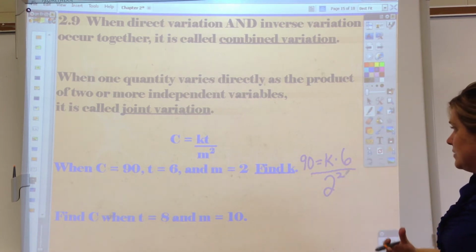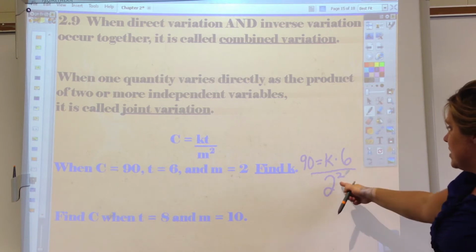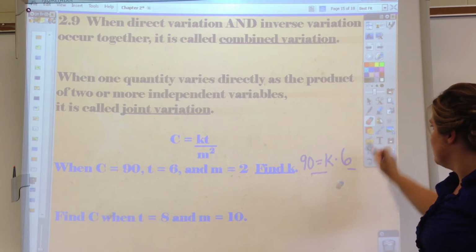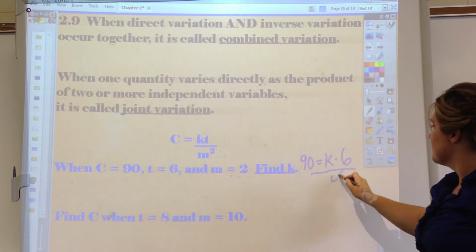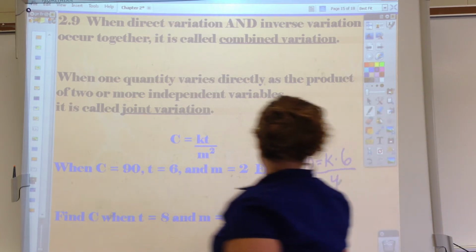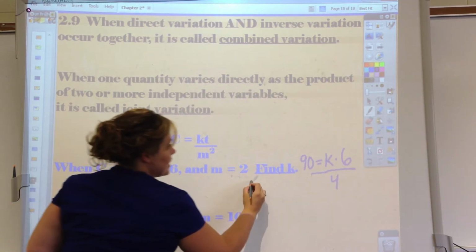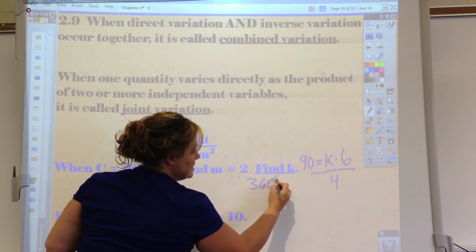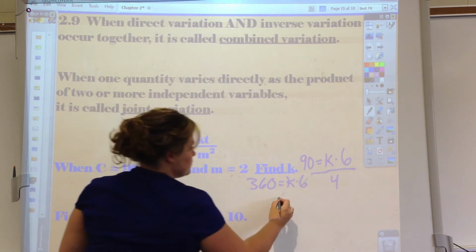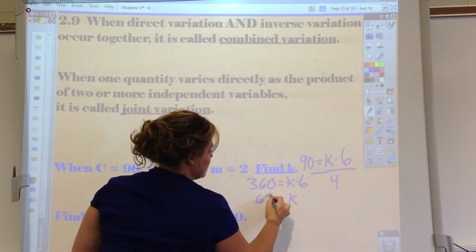Now I'm going to go ahead and simplify. And in my denominator, 2 squared is actually 4. And now I can solve for k. If I multiply both sides by 4, I'm going to get 360 equals k times 6. Divide both sides by 6, and I'm going to get k equals 60.